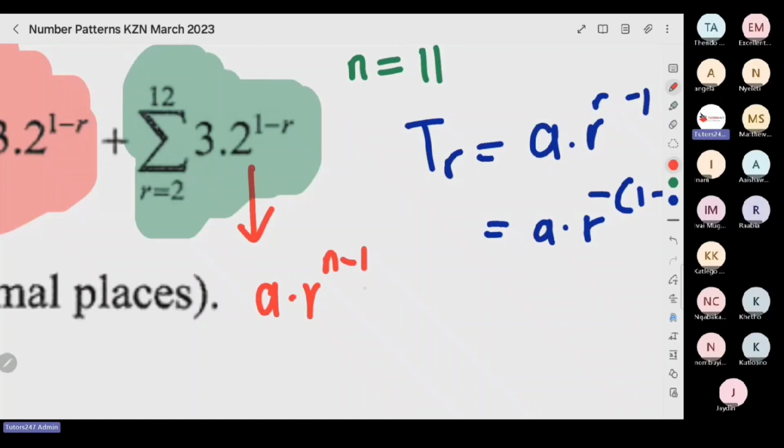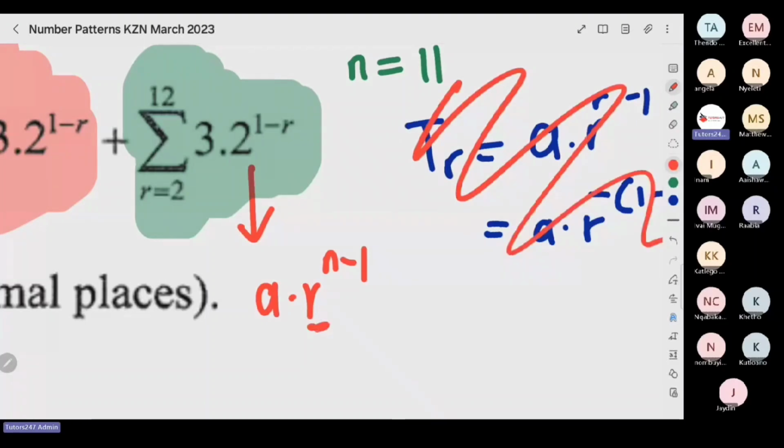Your variable must come first, okay? If your variable comes first, then you can use that value of R. And if it's only -1, if you have -2, -3, you can't use that. But if it is -1, you can.